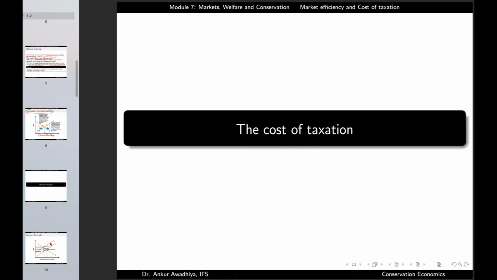Now, we have seen before that for the proper functioning of the market, government is required because the market cannot function well if we do not have the right of property and if we do not have a rule of law in which whenever there is a violation of the right of property, then it is acted upon by institutions such as the police and the judiciary.